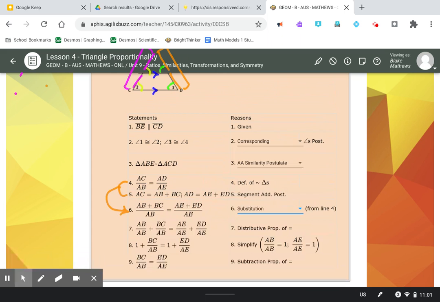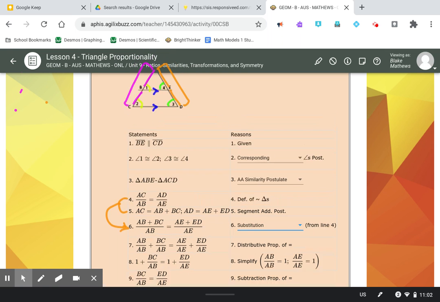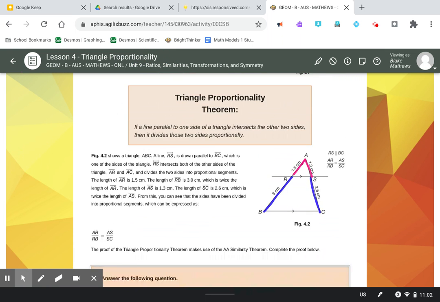And so that's going to be substitution. And then they basically do some more arithmetic to get down to the fact that BC over AB equals ED over AE. Again, don't worry too much about this proof. Focus on knowing the theorem definitions.